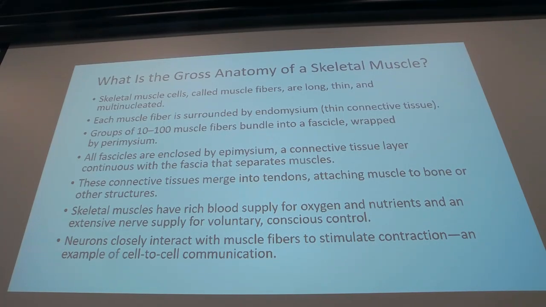And within this neuromuscular junction, we have chemical signals sent from the nerve into the muscle, so that we can perform the function of the muscle, which will be contraction.